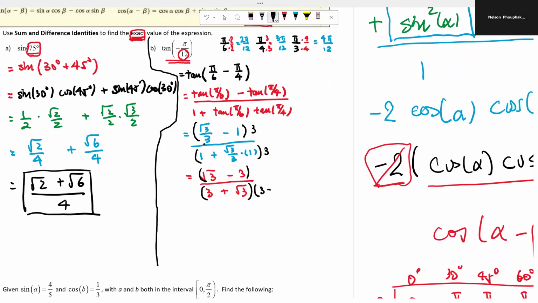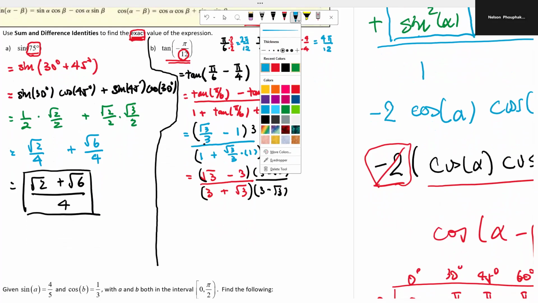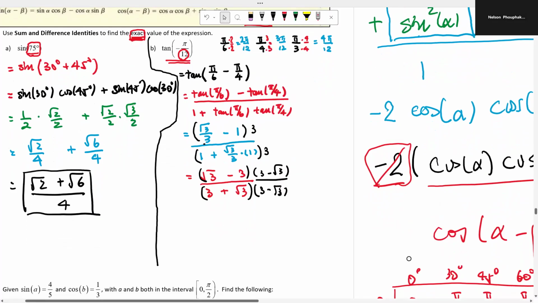Meaning I multiply top and bottom by 3 minus root 3. And you have to remember that if I have a plus b times a minus b, it is equal to a squared minus b squared.